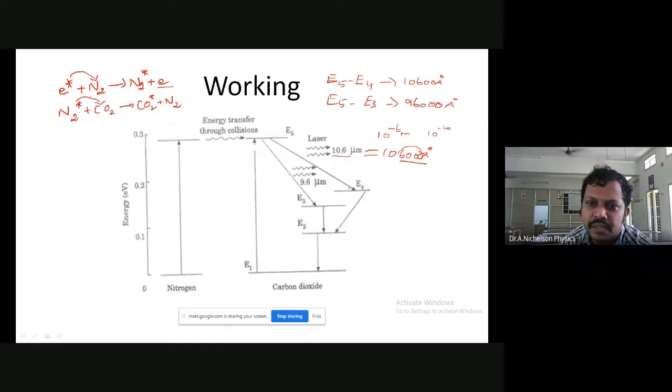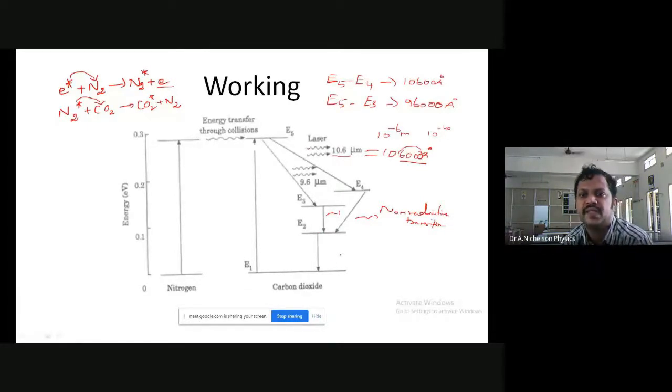After reaching E4 and E3, there are non-radiative transitions. There is no emission of laser here. This is a non-radiative transition, and finally it comes to the ground state.